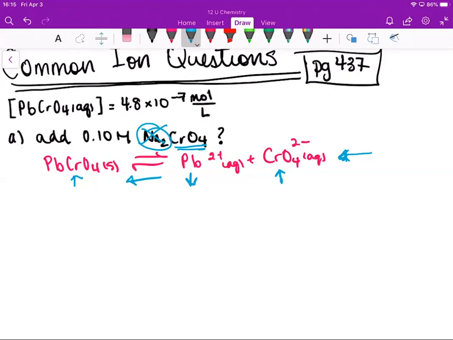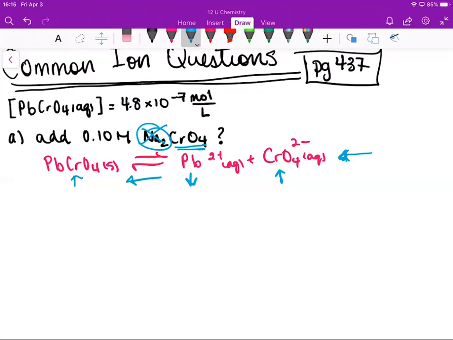principle. Okay, the stress to the system is there's more chromate ions in the solution, and so it's going to relieve the stress by increasing the amount of solid lead precipitate in the solution, and so that's going to decrease the solubility overall.